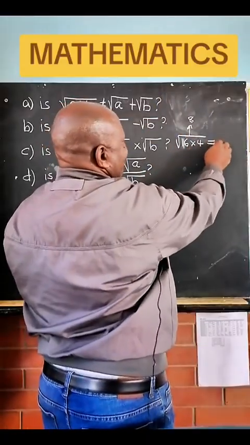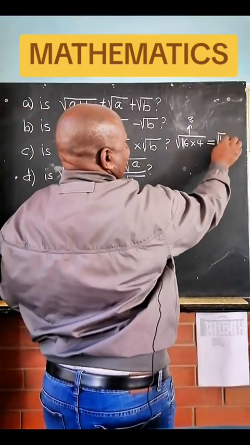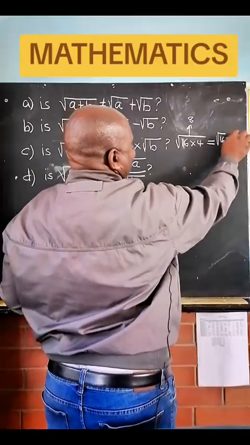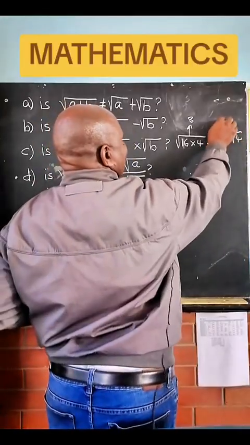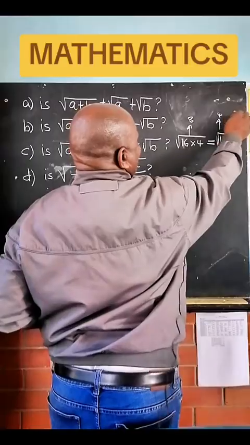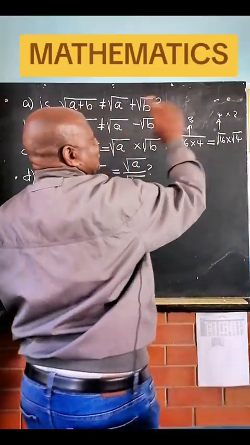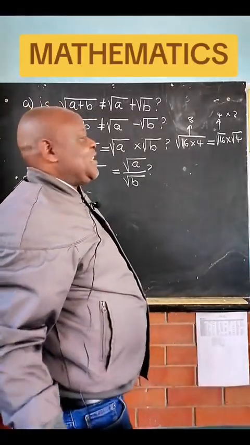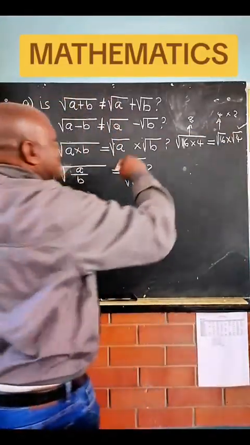Let's check if I decide to partition this into the square root of 16 multiplied by the square root of 4. What happens? The square root of 16 is 4. The square root of 4 is 2. 4 multiplied by 2 gives us 8, which is also equal to what is on the left-hand side. Therefore, for the product, it's yes.